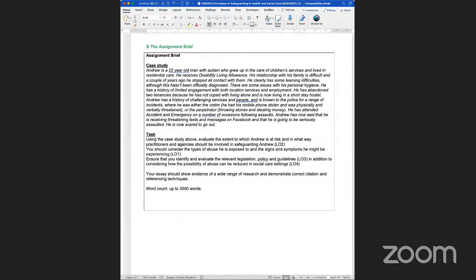Case studies are given to allow learners to research in depth, and this research is based on the scenario or case study given about a specific person or situation. It then allows you to develop your understanding of how you're going to put things across in the evidence or in the assignment.